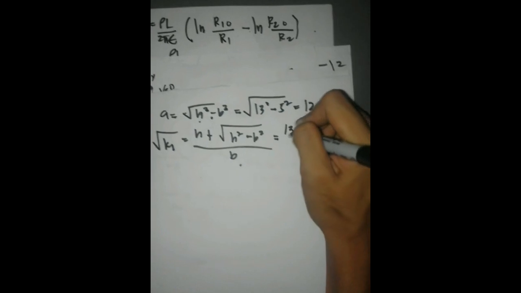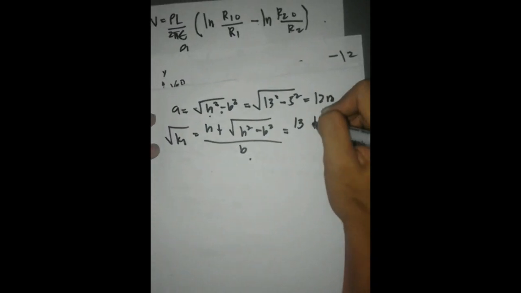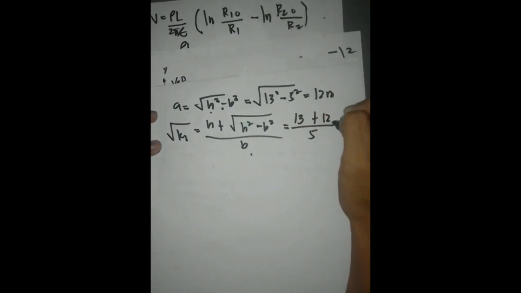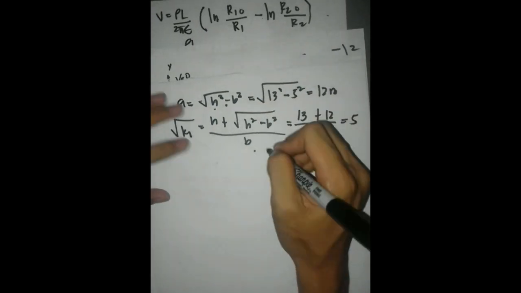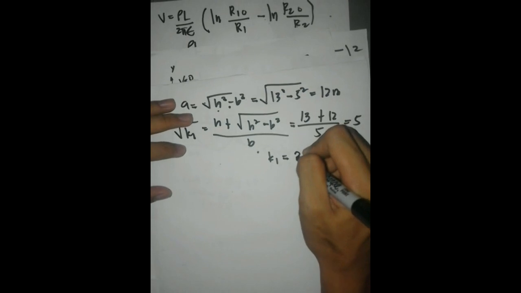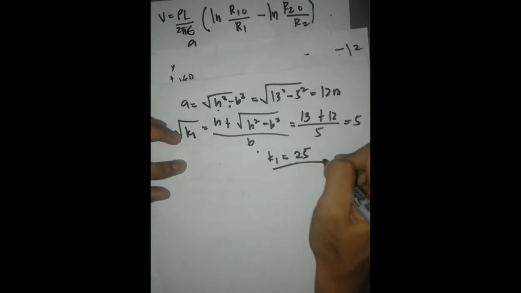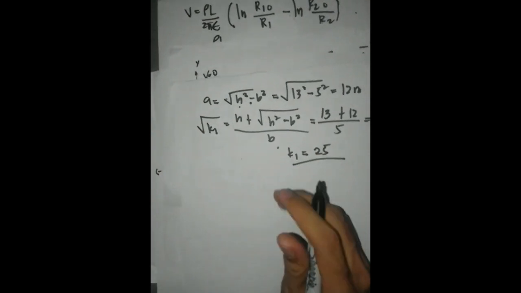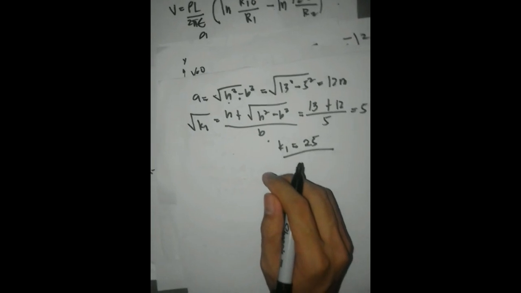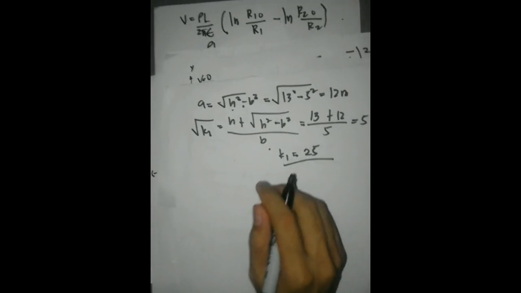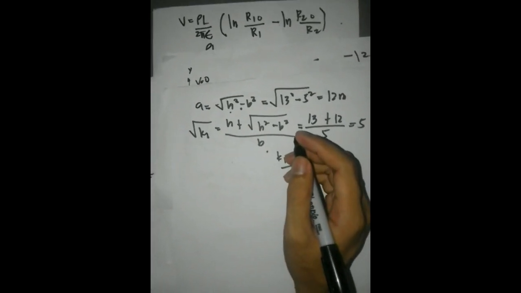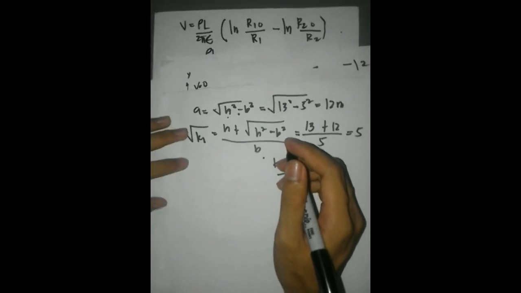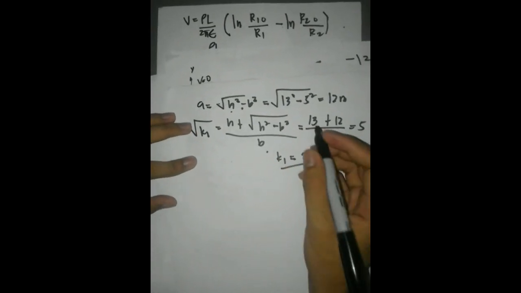Substituting, 13 plus 12 over 5 equals 5, so k sub 1 equals 25. The strength of the equivalent line charge is rho L equal to 4 pi epsilon V0 over ln k1.